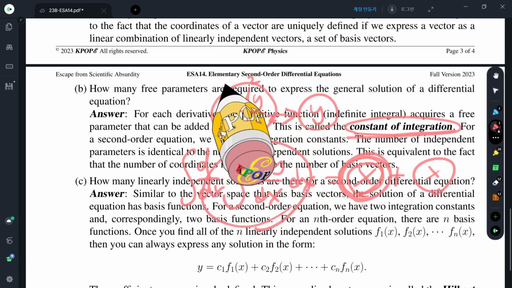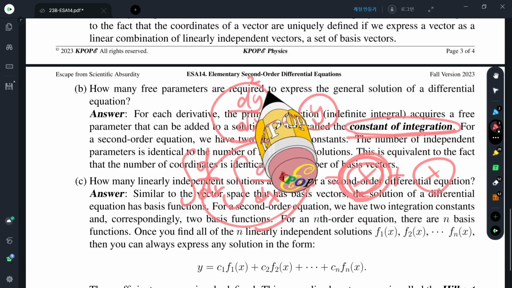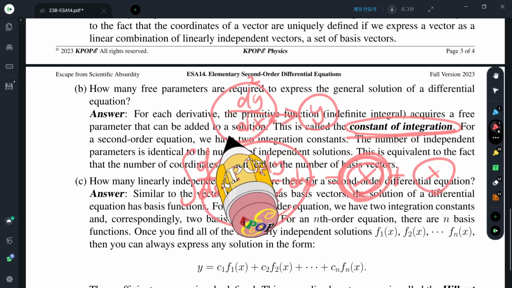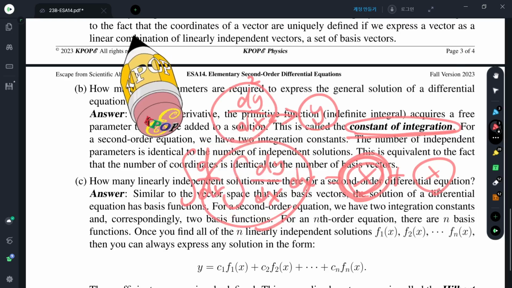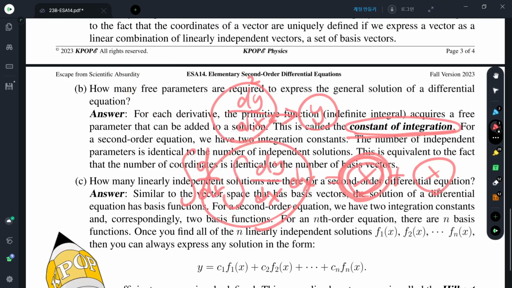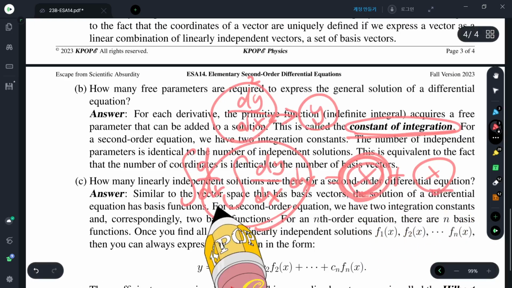The maximum number of derivatives is the order of the differential equation, and the equation of motion is a second order differential equation. We have the maximum derivative to be 2. So there are 2 integration constants.